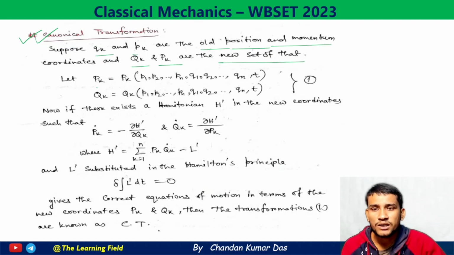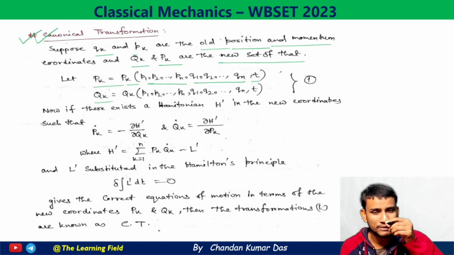Let the transformation be Pk = Pk(p1, p2, ..., pn, q1, q2, ..., qn, t), and similarly Qk, a function of these.